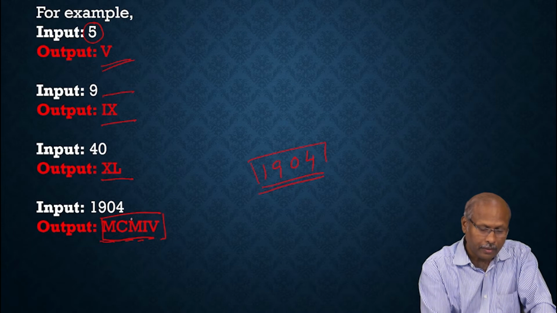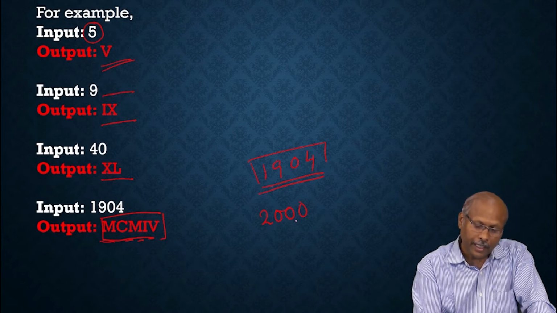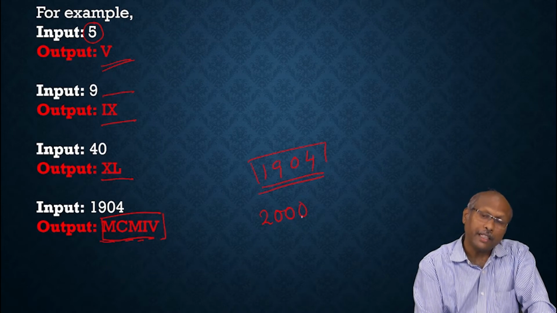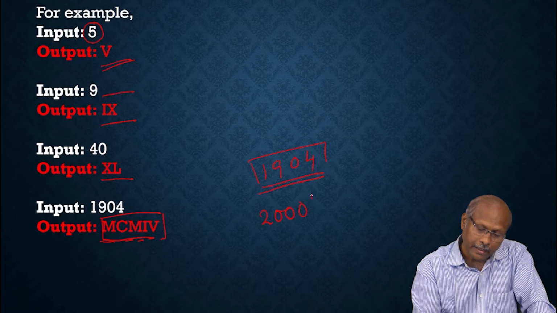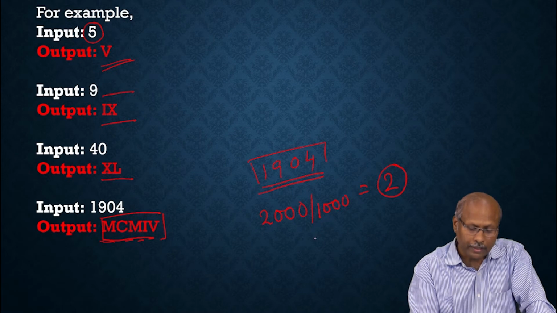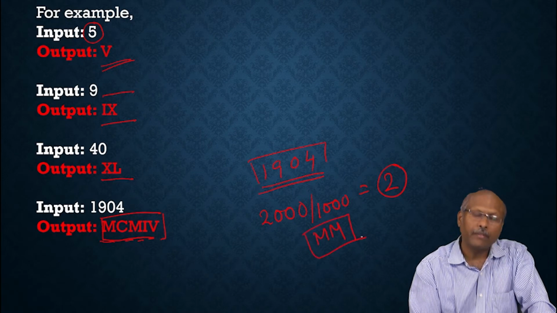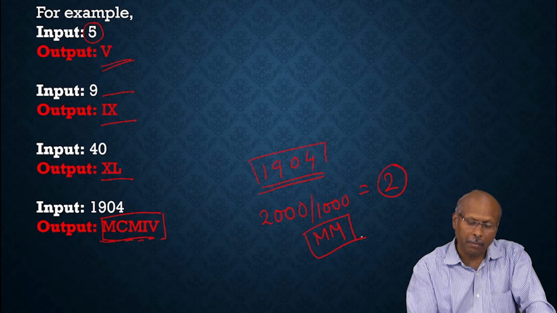Similarly, if the input is 2000, what should the value be? 2000 divided by 1000 gives 2, so there are two thousands. 1000 is M, so the Roman value should be MM.